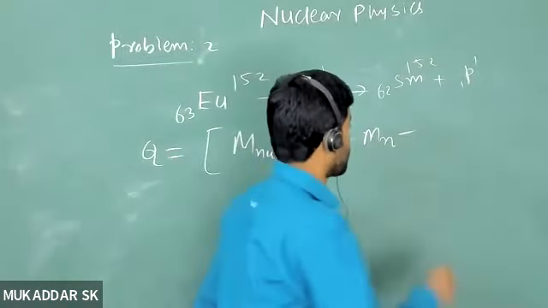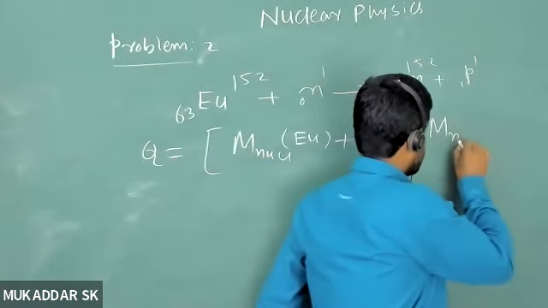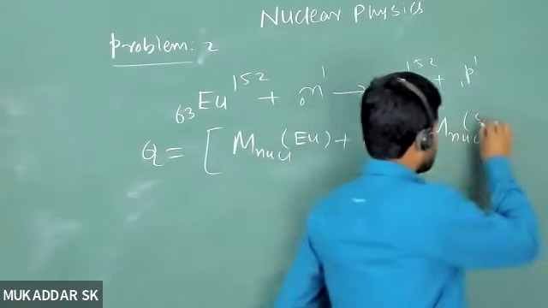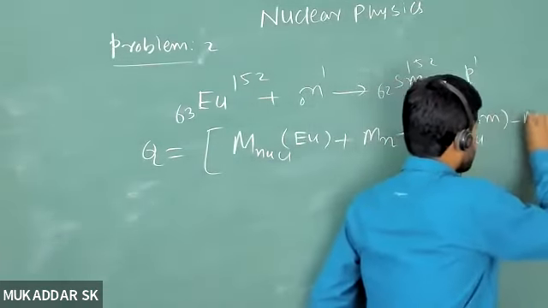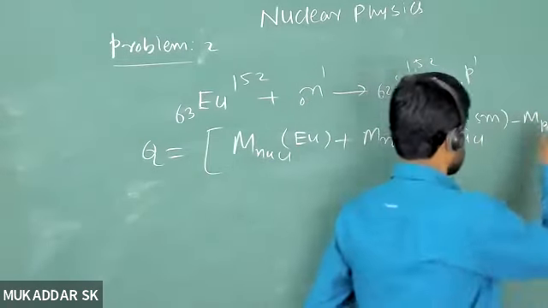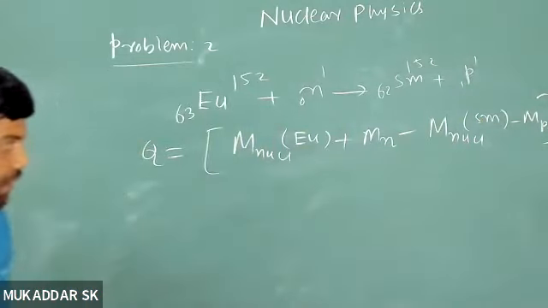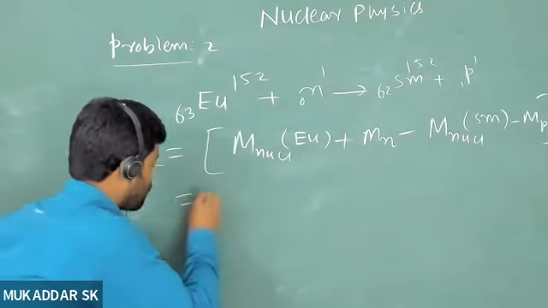Then minus the nuclear mass of the product, that is Sm, and minus the mass of a proton. And of course there will be a c square factor. All about energy, so m into c square. Right. Now see what I'll do.